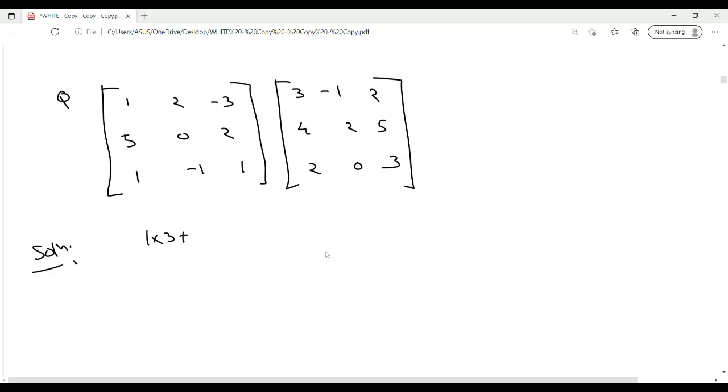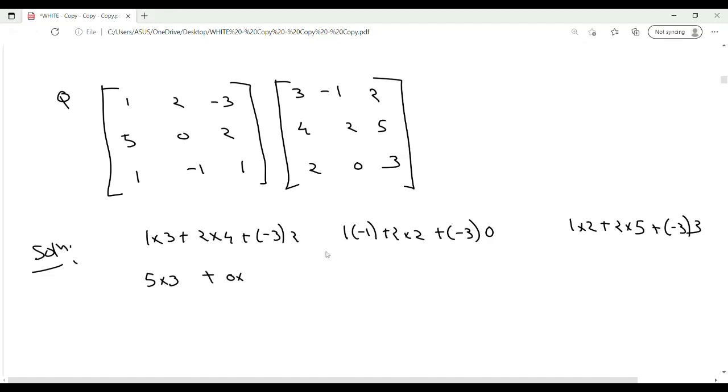So 1 into 3 plus 2 into 4 plus minus 3 into 2, and then this row with this column. 1 into minus 1 plus 2 into 2 plus minus 3 into 0, and then 1 into 2 plus 2 into 5 plus minus 3 into 3, and then 5 into 3 plus 0 into 4 plus 2 into 2, 5 into minus 1 plus 0 into 2 plus 2 into 0, 5 into 2, 0 into 5, and 2 into 3.